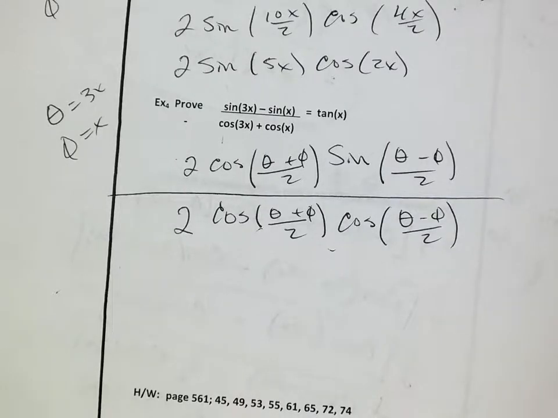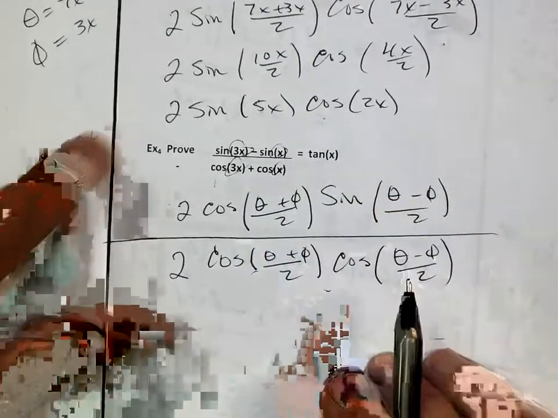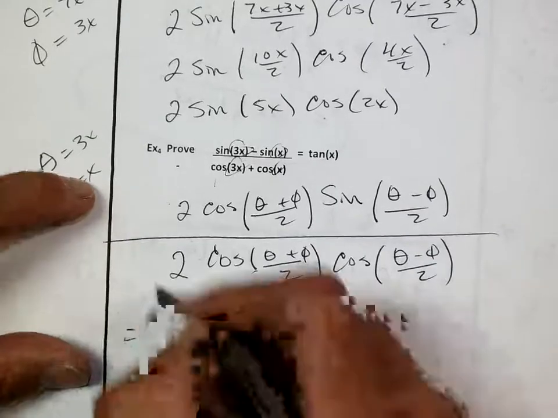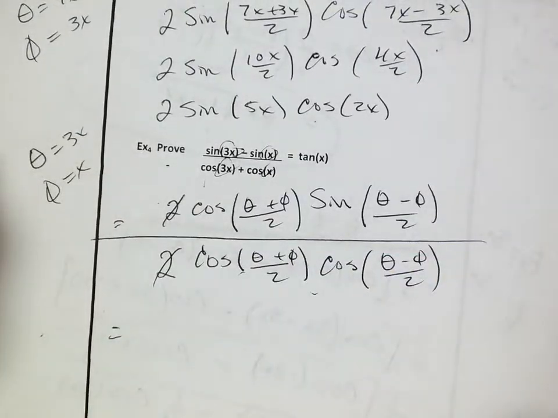You're going to be able to get things to cancel. It's going to be kind of nice. So let's put in what theta and phi happen to be. We decided that theta would be 3x and phi would be regular x. So we're just going to plug the 3x and the x in for theta and phi, okay? Let's see what we get. First of all, do you mind if I cancel the 2's? Everybody good with canceling the 2's? Get rid of them.